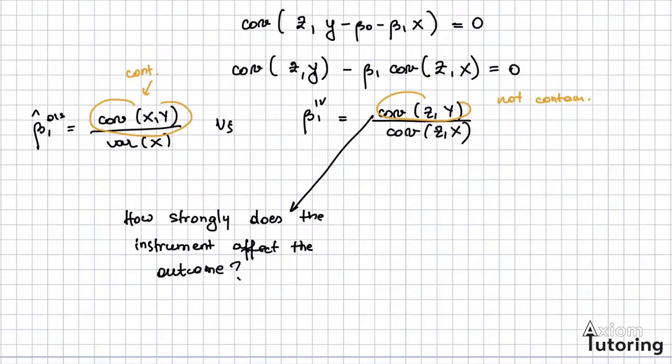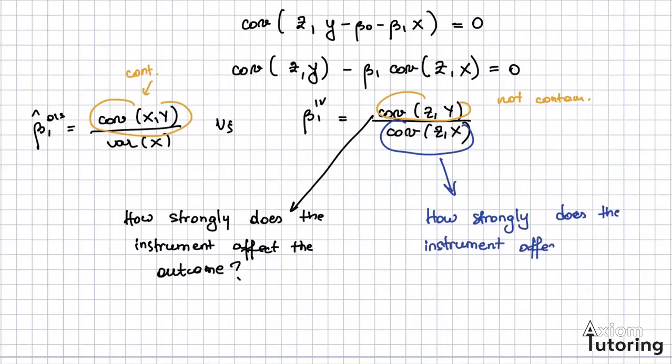And the denominator by itself is how strongly does the instrument affect the endogenous variable.